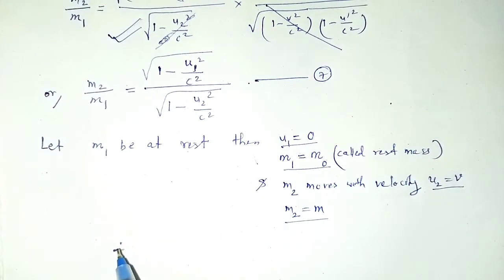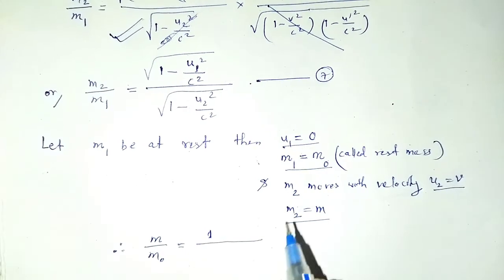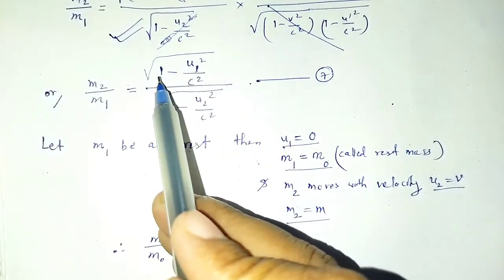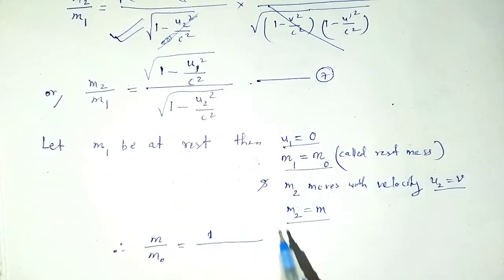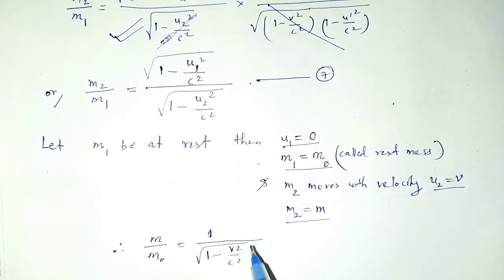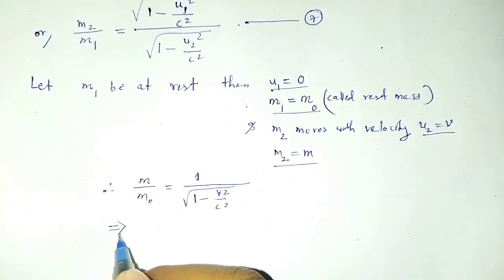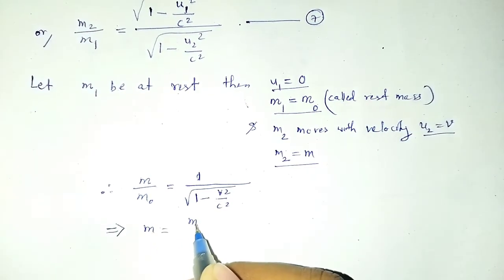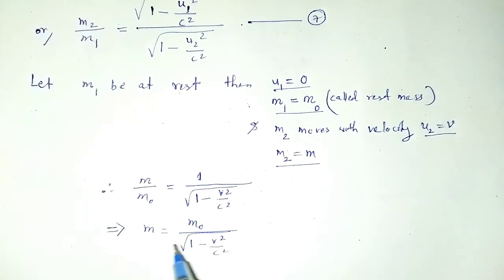Therefore we have m by m0 is equal to 1 divided by, since u1 is equal to 0, that numerator part will be 1, divided by square root of 1 minus v square by c square, which implies m is equal to m0 divided by square root of 1 minus v square by c square.